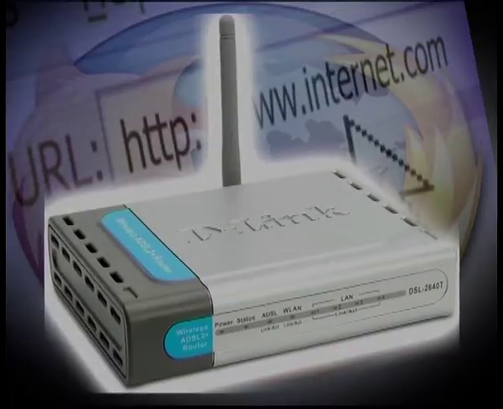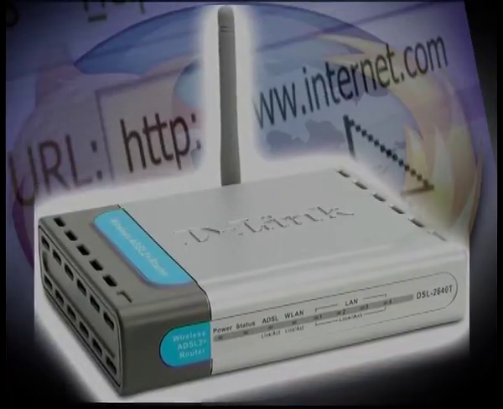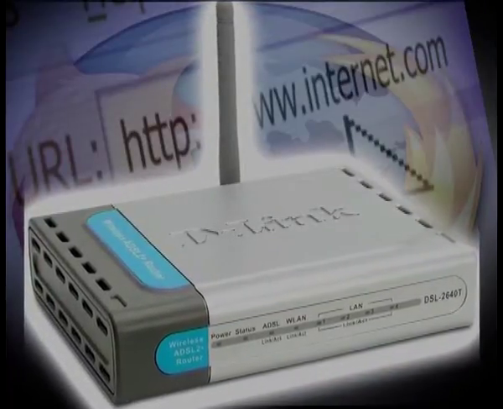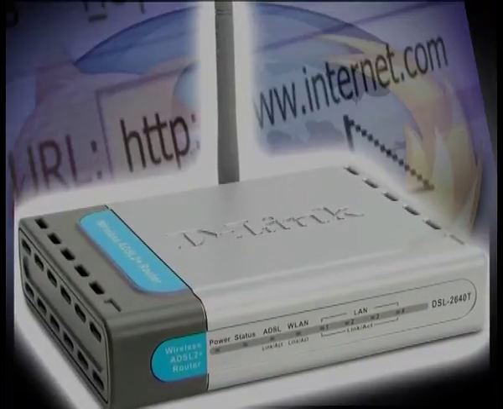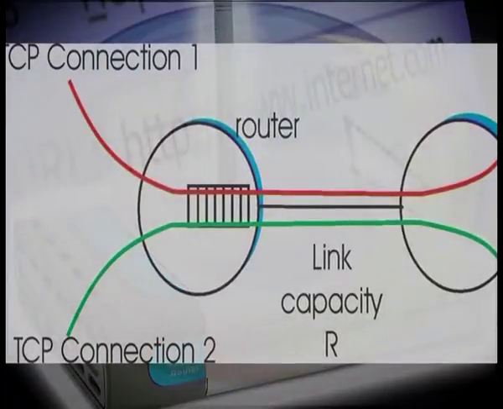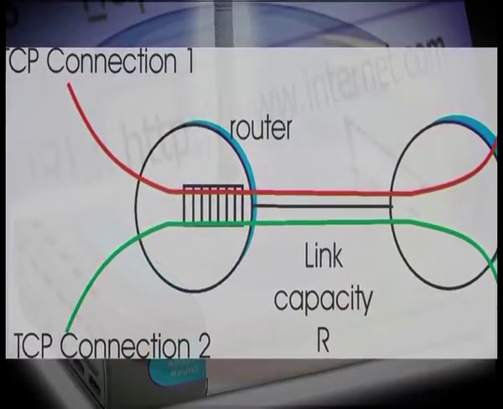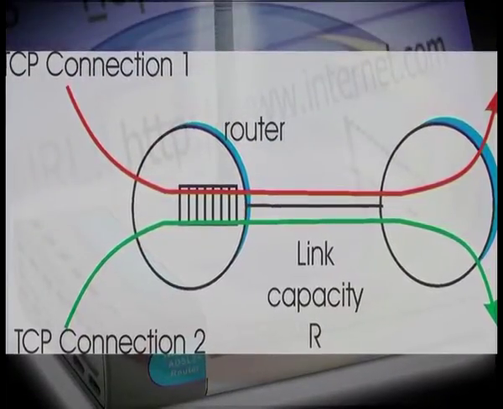In between, there are several other devices that make data transfer possible. The most important of these is the router, which is placed between your computer and the transmission line. This device acts like a traffic policeman. It directs your page request to the right address.